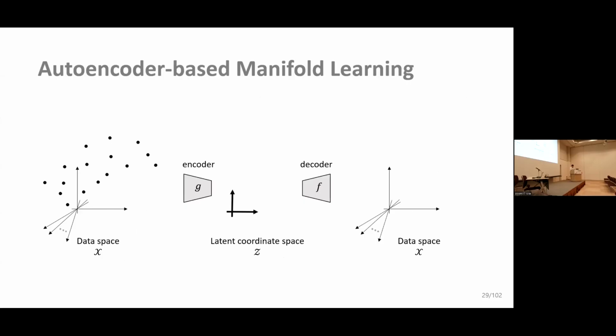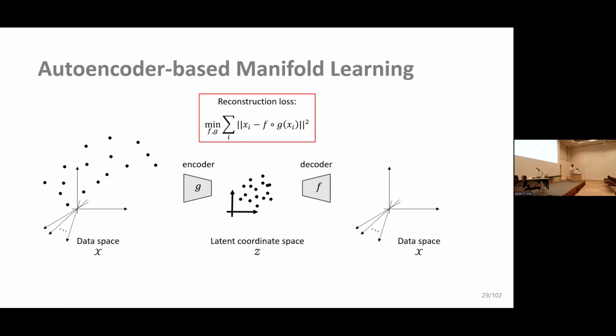An autoencoder consists of an encoder and a decoder, and we can use the estimated intrinsic dimension to determine the dimensionality of the latent space. We find an encoder and decoder that minimize the reconstruction loss, so that the encoder maps high-dimensional data points to the latent space, and the decoder maps them back to the original data points, so the reconstruction loss is near 0.